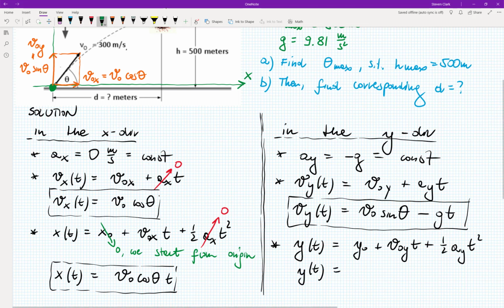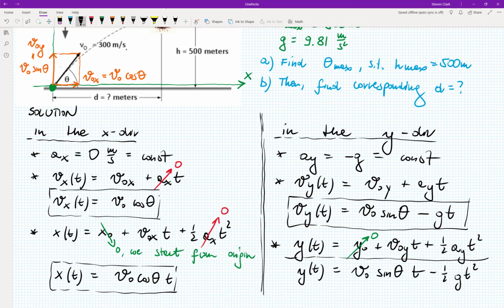This is 0. So we'll end up with V0 sine theta t minus 1/2 gt squared. It took us some time, but we ended up with 4 equations of motion. Again, yes? They are in these black boxes.